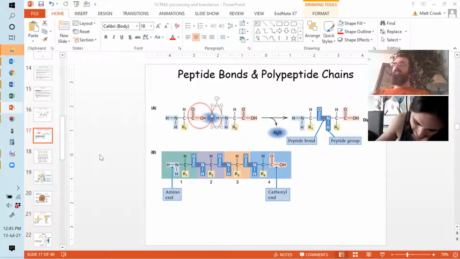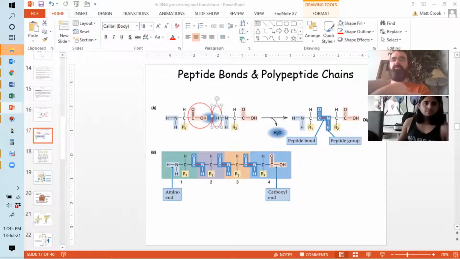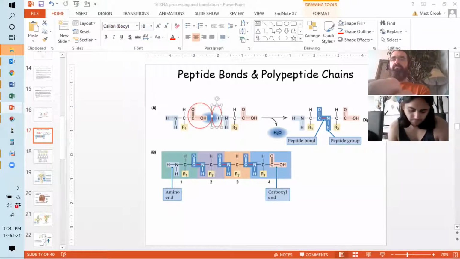When we talk about directionality in proteins and polypeptides, we talk about the N and C terminus. The N is from the amino terminus. That's the start.